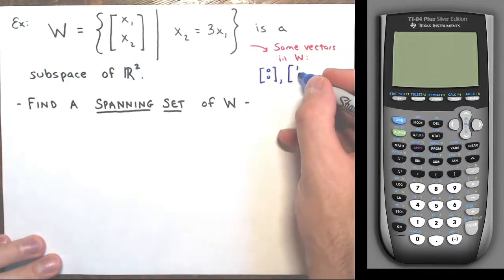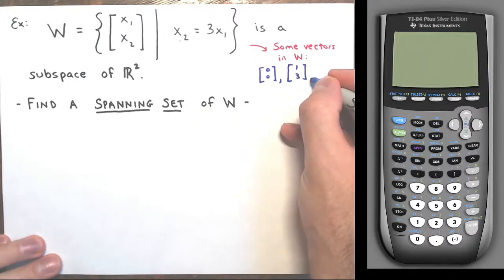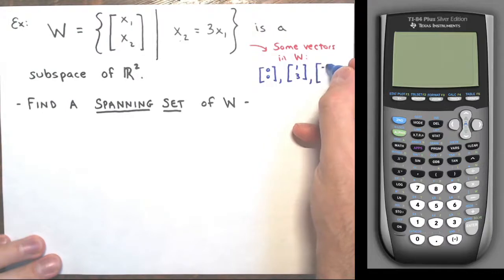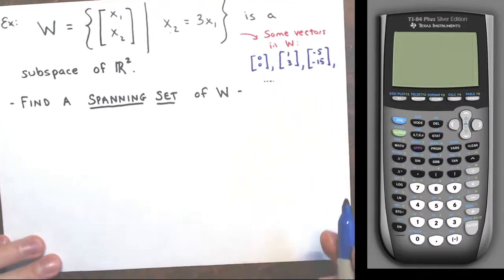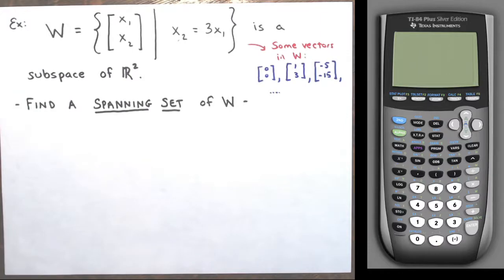So first component 1, and then the second component would have to be 3. That's another vector in W. -5, -15 is a vector in W, and so on. Hopefully you can see, I'm just putting up a few, just to give you a taste for it, a few examples of vectors that would be in W, as long as the second component is 3 times the first component.